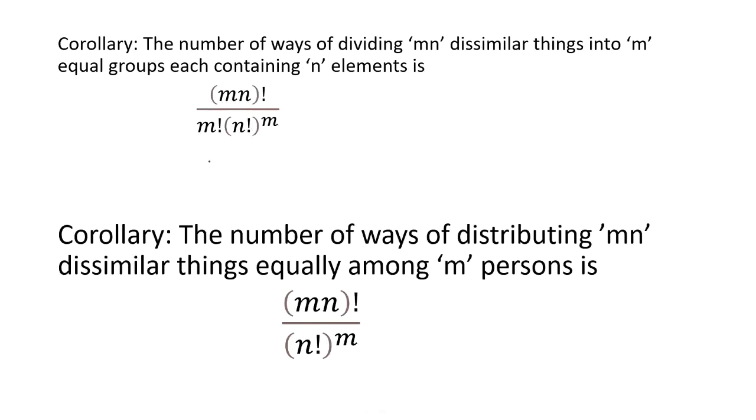These are the total number of ways in which you can divide mn distinct objects into m groups. And next we have this corollary. The number of ways of distributing mn distinct objects among m people equally is going to be (mn) factorial upon (n factorial) raised to m.